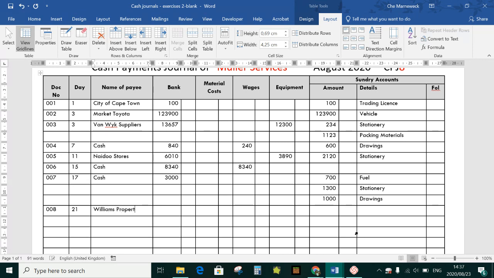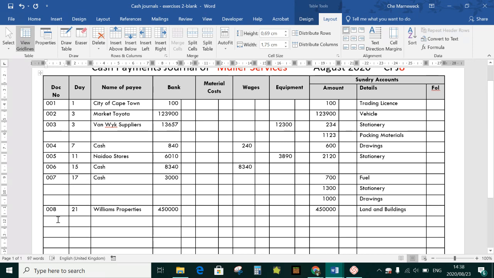Williams Properties. And we spent 450,000. Property, land and building. We're going to record under sundry 450,000. And we record that as land and buildings.